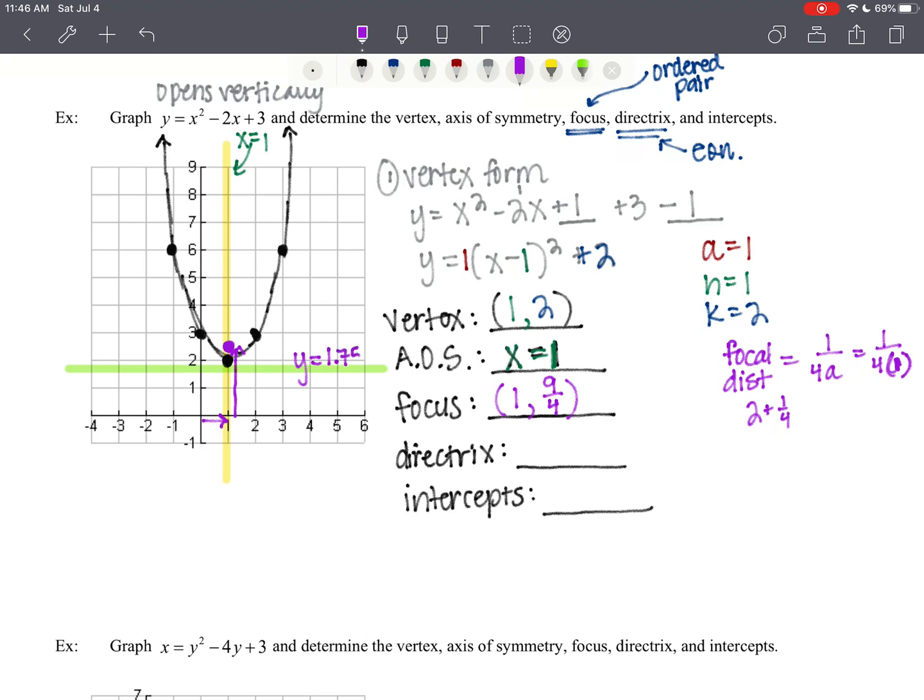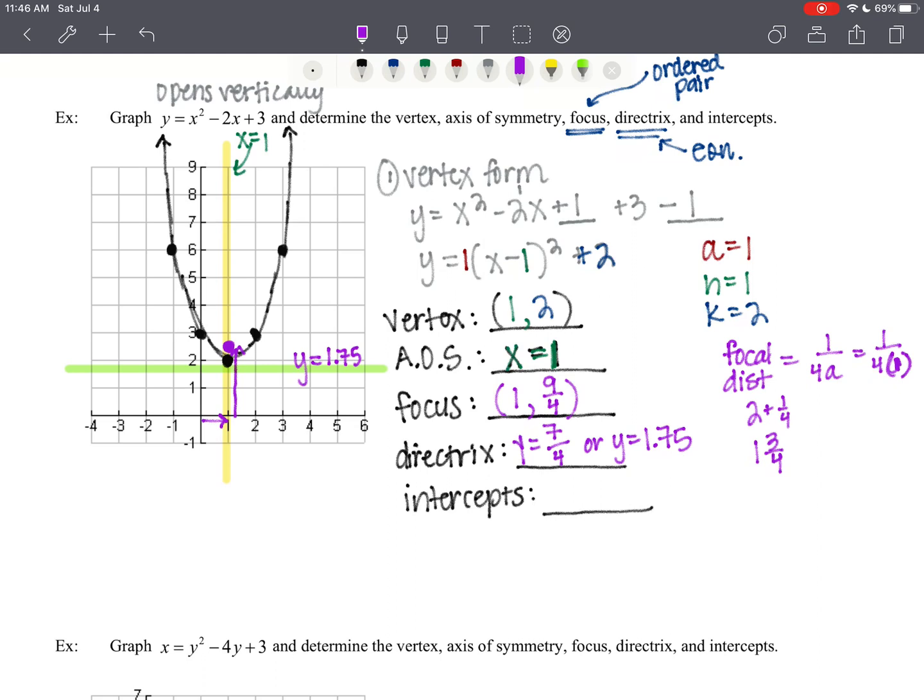Here's an example of a decimal, 1.75. 1 3/4 is the same thing as 7/4. So I could say y equals 7/4, or I could say y equals 1.75. It all depends on how your brain processes that. I'm okay with either the accurate decimal or the improper fraction.